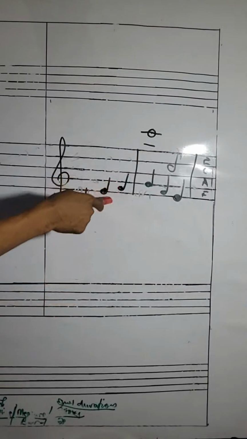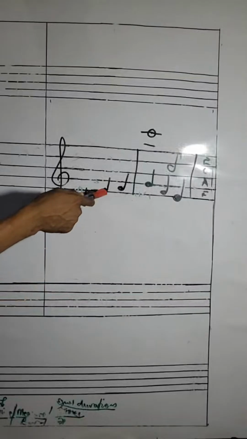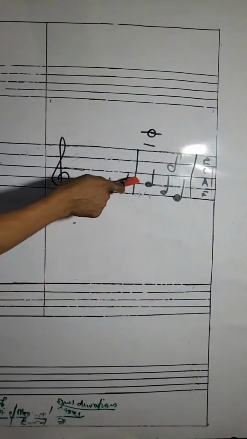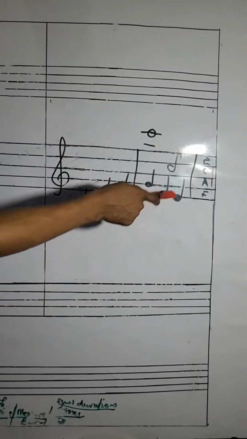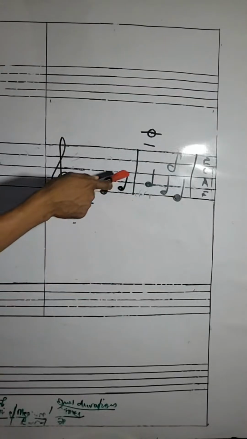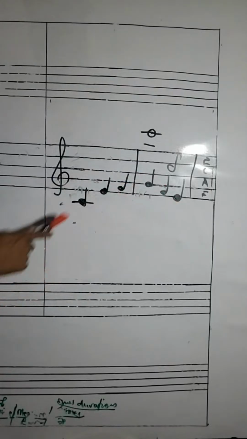And here again, you are going higher. You can see that it's going higher. So you have something like this. Do, mi, fa, sol, fa, mi.